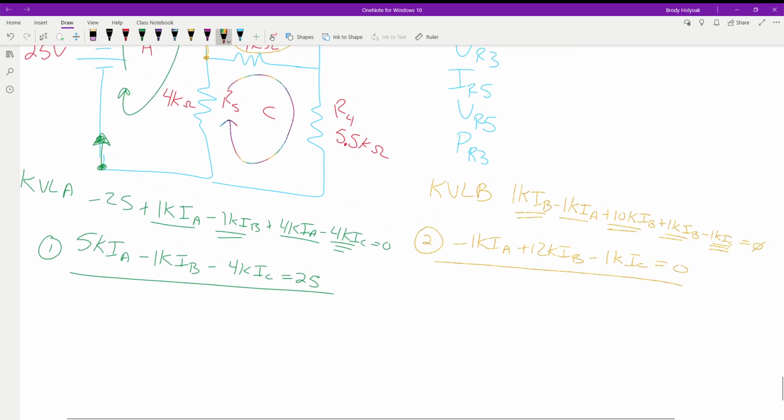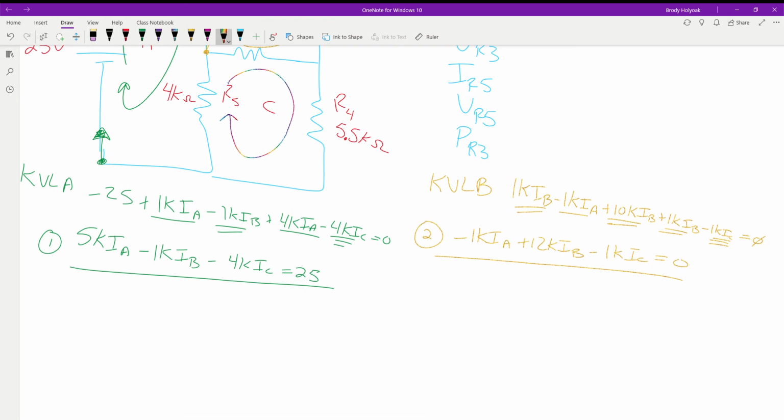Okay, next one we're going to look at is loop C. So first thing we have is plus 4KIC minus 4KIA. We come around, we run into R3.